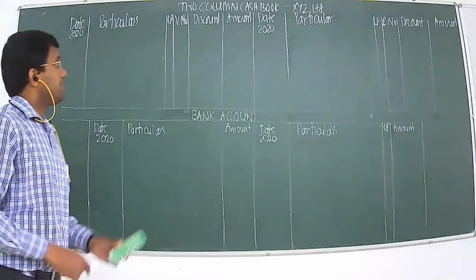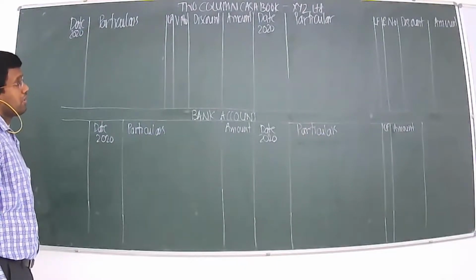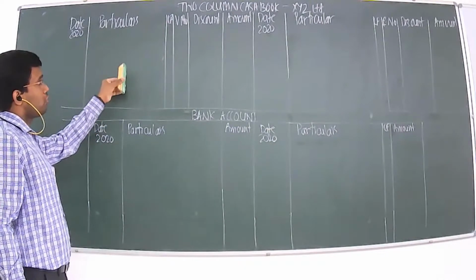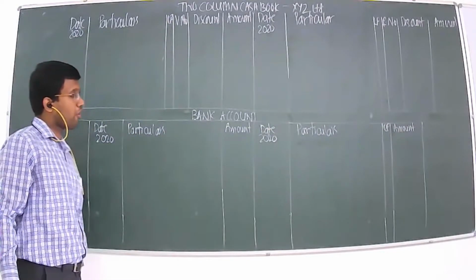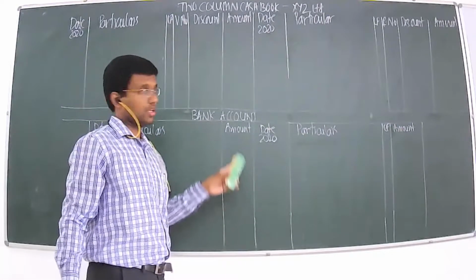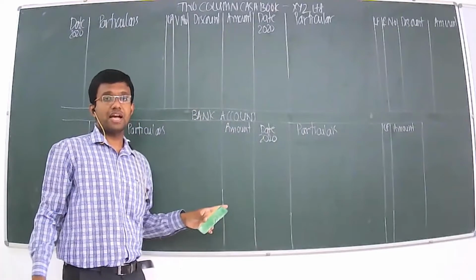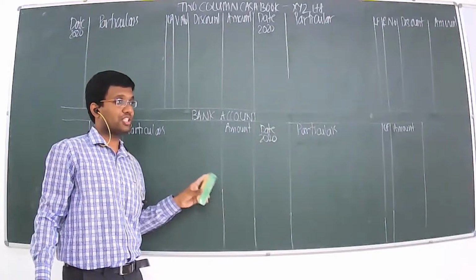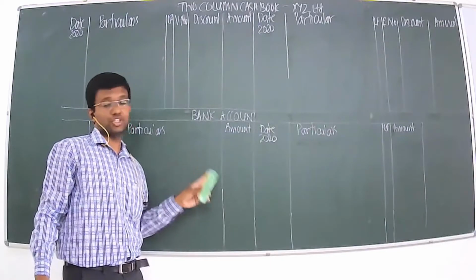Okay, so here we've been asked to prepare the two column cash book. I've quickly prepared the format, two column cash book format as well as the format for bank ledger account. Please remember, whenever we have check transactions, those transactions would get recorded into your bank ledger account.